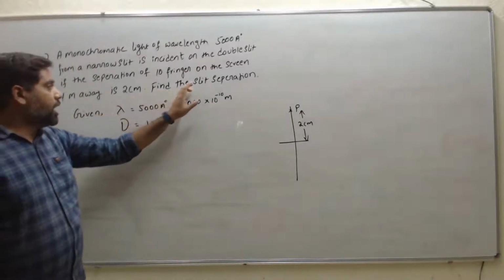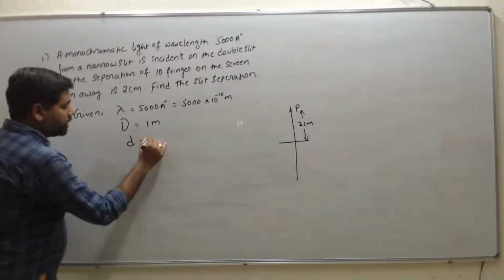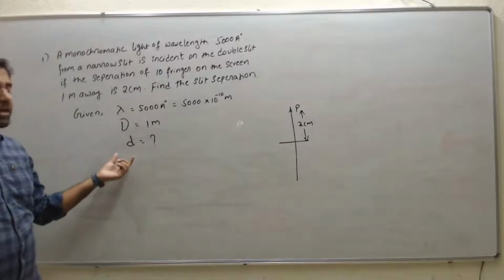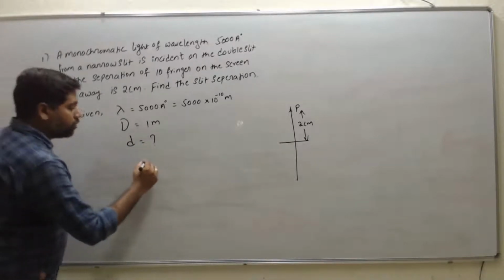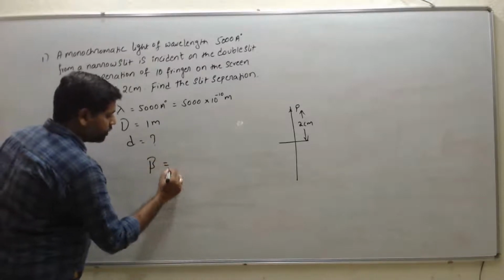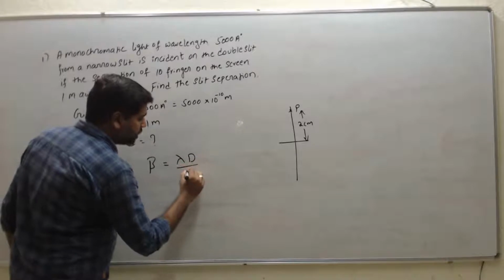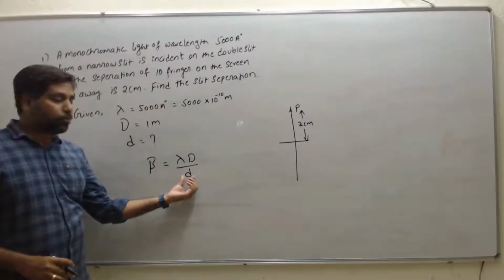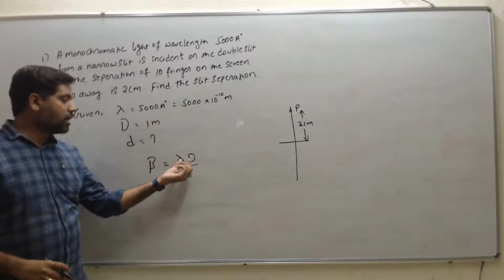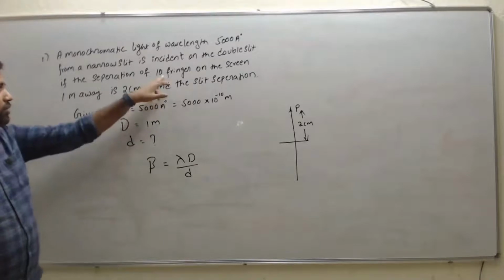And finally we have to find the slit separation, that is nothing but small d. So we know the formula, fringe width beta is equal to lambda D divided by d. Here we are going to find small d. They gave lambda and also D, but we have to find beta by using this.